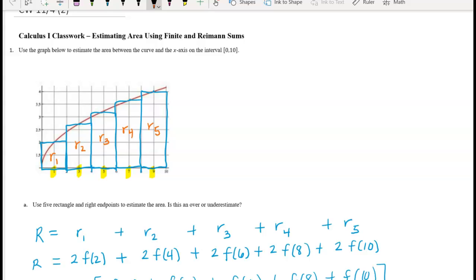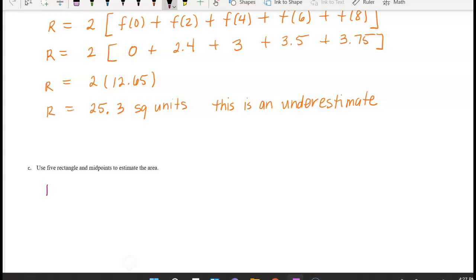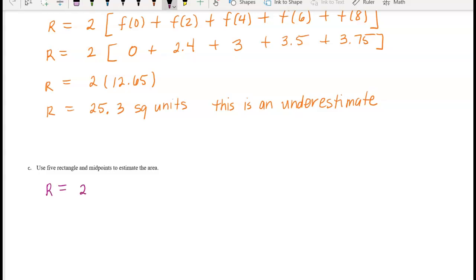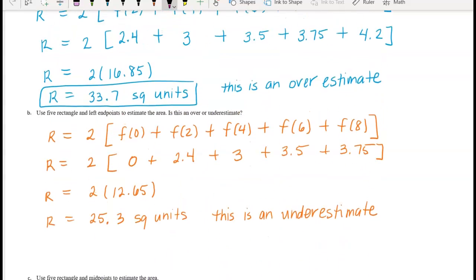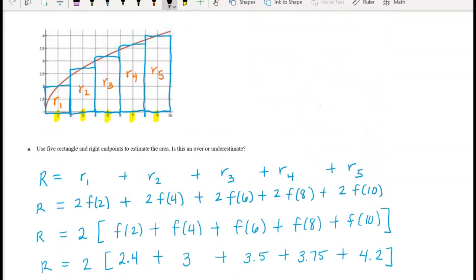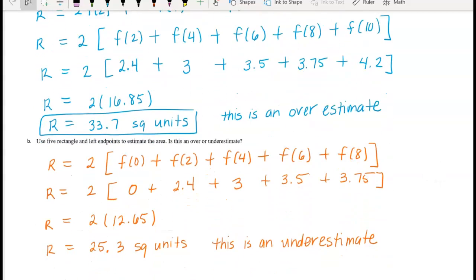All right. So for this one, our Riemann sum is going to still be 2 for all of the bases. We'll do f of 1 plus f of 3, f of 5. Again, these are all the heights. F of 7 and f of 9. Okay, so let's see what we have. About 2 and 2.75.